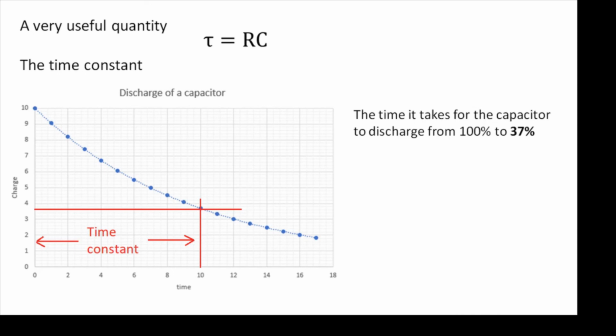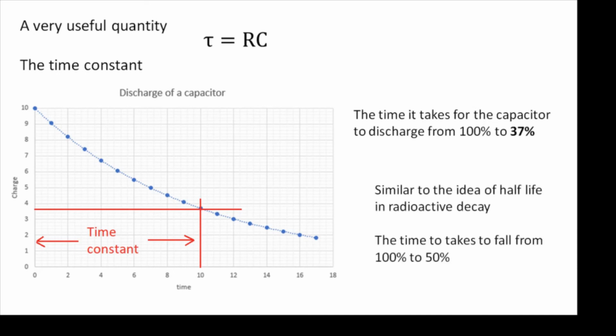If you measure that on the graph, that's a quick way of finding an unknown capacitor. If you divide the time constant by the resistance in the circuit, that would tell you the capacitance. It's similar to the idea of half-life in radioactive decay, which is the time it takes to fall from 100% to 50%.